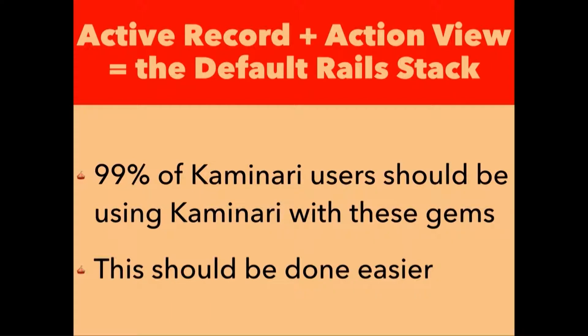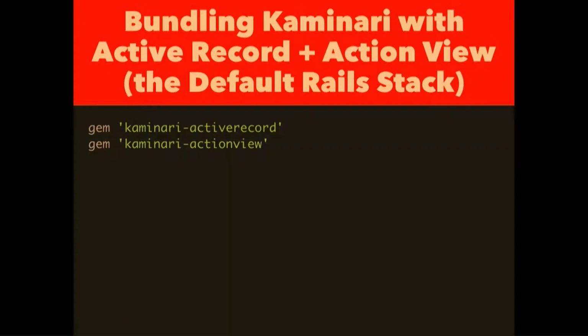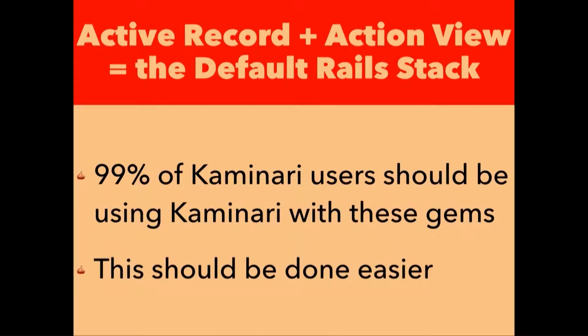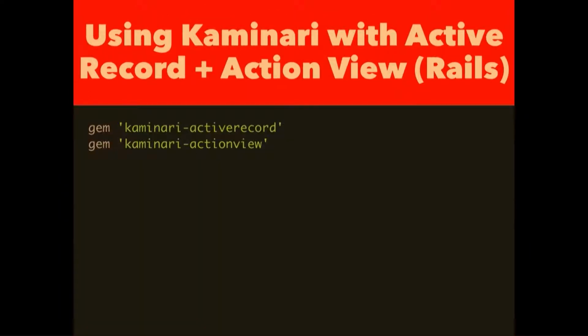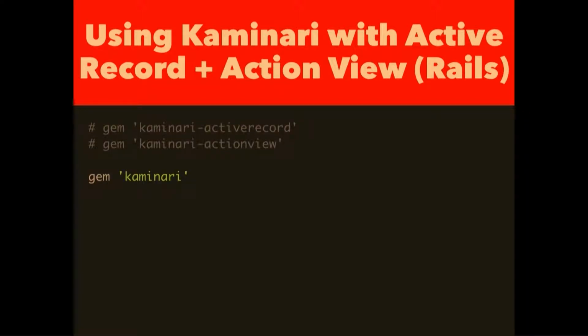So it's a little bit complex to configure this. It should be able to be done a little more easily. So instead of this, Kaminari 1.0 allows you to bundle like this. So gem 'kaminari' means gem 'kaminari-activerecord' and 'kaminari-actionview'.